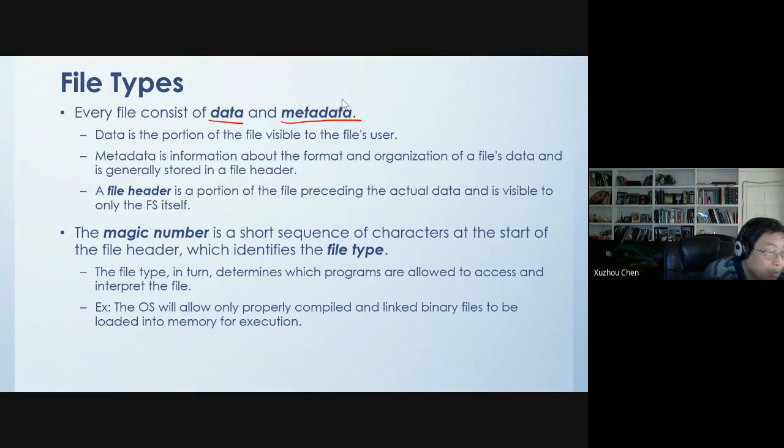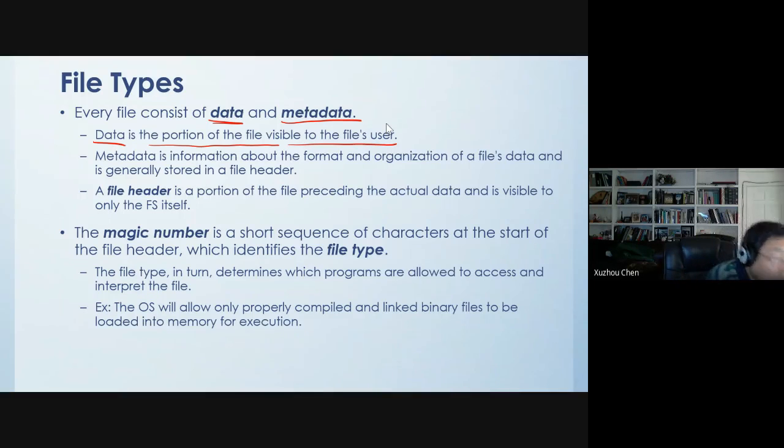The data is the portion of the file visible to the file user. If you do your homework and store it in a Microsoft Word document, the data contains whatever you typed as your homework.